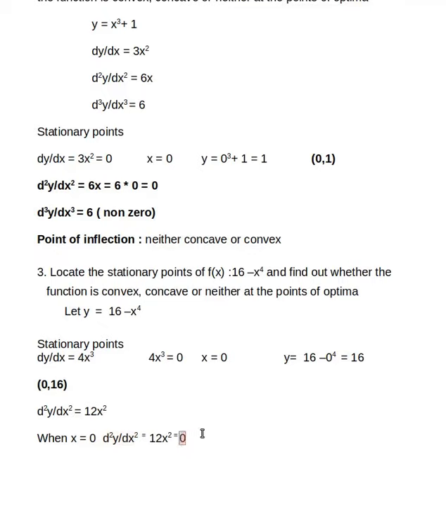So we need to perform further investigation. For that, we have to check whether it is a point of inflection. So we find the third order derivative, that is d cube y by dx cube.